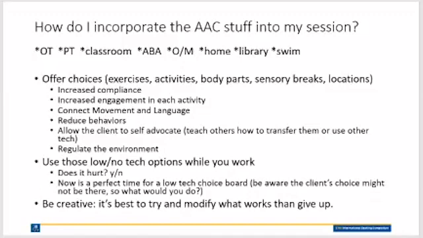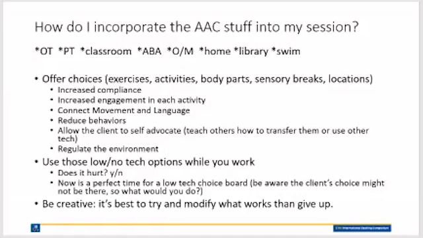So by giving choices, we're going to increase engagement and compliance. Connecting movement and language, with yoga poses and different exercises, brings along a lot more choices and motivation. And it will also help our clients to regulate their environment.